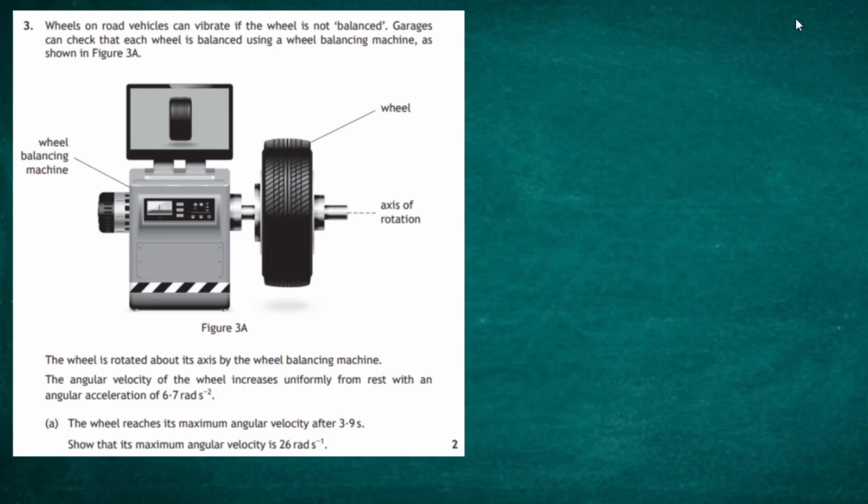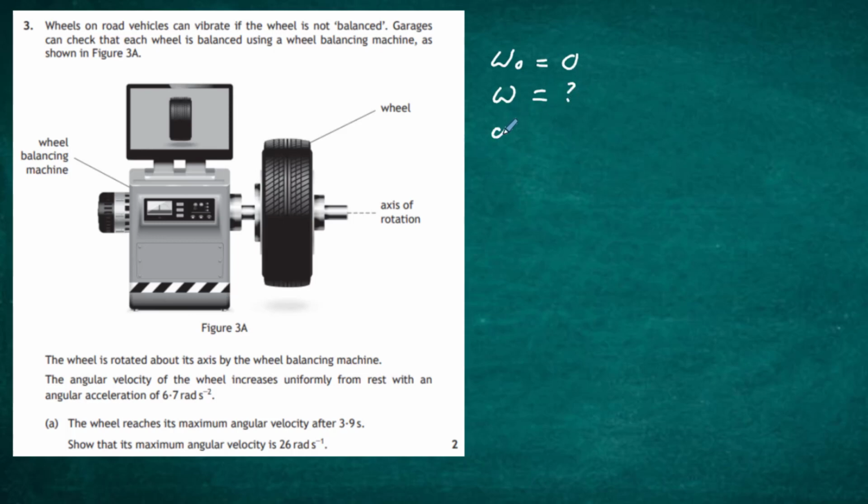Well, it's the same as linear motion equations. We have to put down first of all our initial angular velocity, which is going to be equal to 0. We put down our final angular velocity, which we have to find, but we're told it's 26 radians per second.